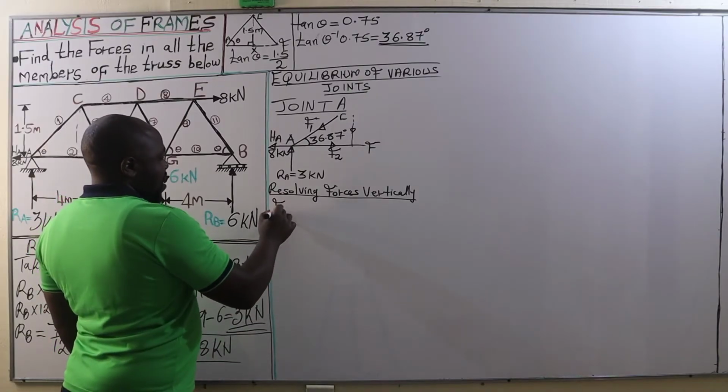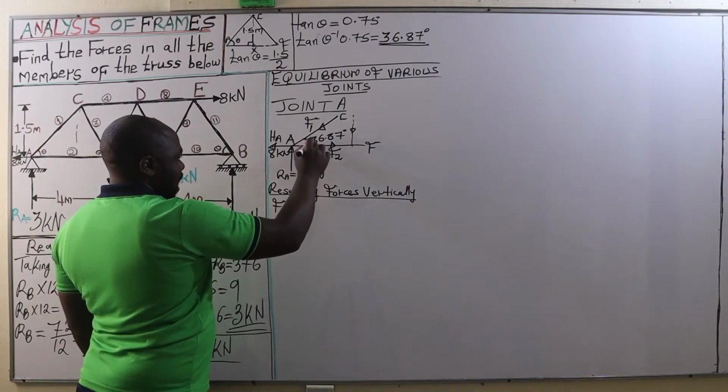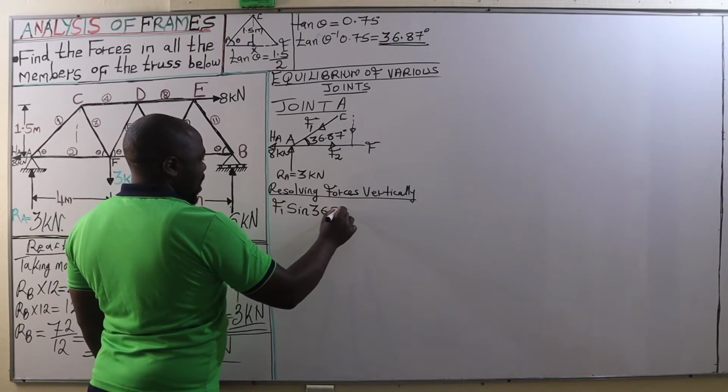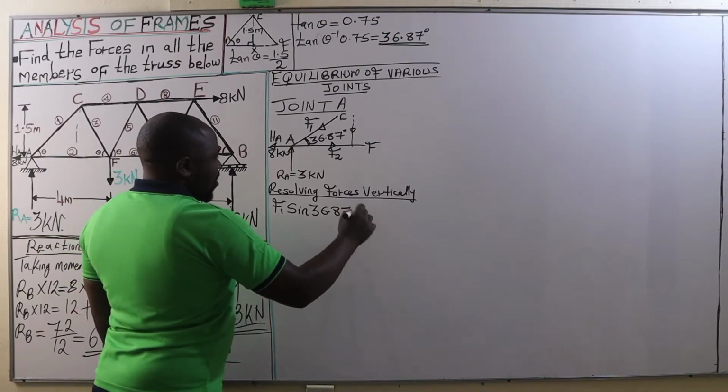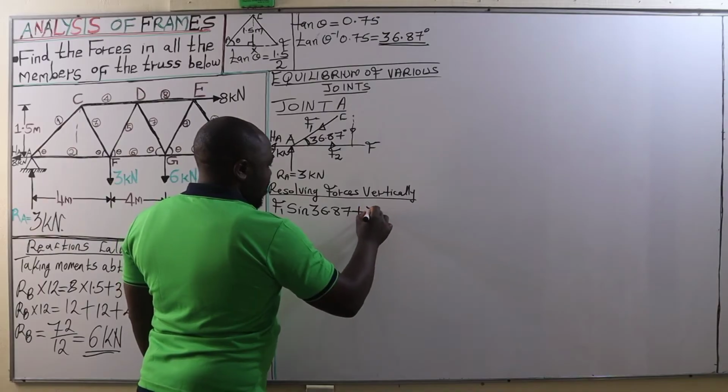It is going to be F1 multiplied by the sine of this angle, sine 36.87. We add the reaction at A, which is 3 kilonewtons.